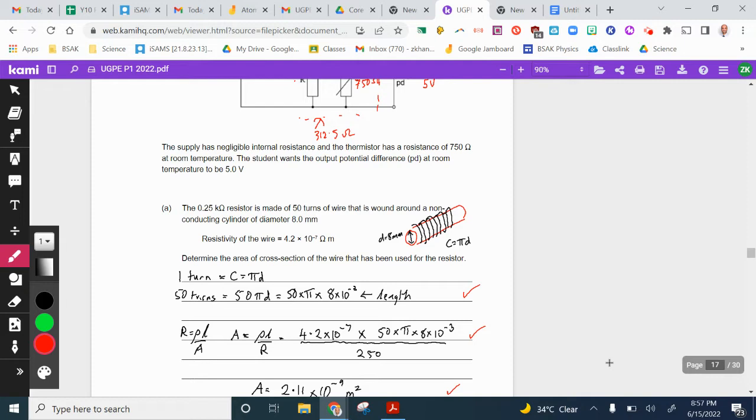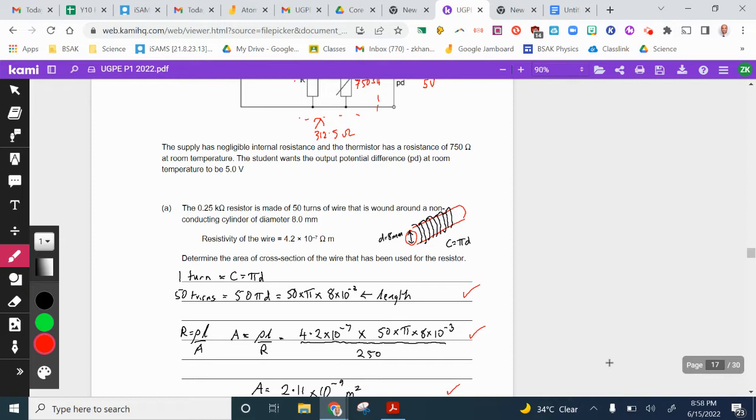When we want to work out the cross-section area using resistivity, length, and resistance, we can use the turns to find out the length. So we know 1 turn is when the wire is wrapped around the cylinder once, and that's the circumference of the cylinder, which is pi times diameter. Because it's wrapped around 50 times, it will be pi times diameter times 50, and that will be the length of this wire.